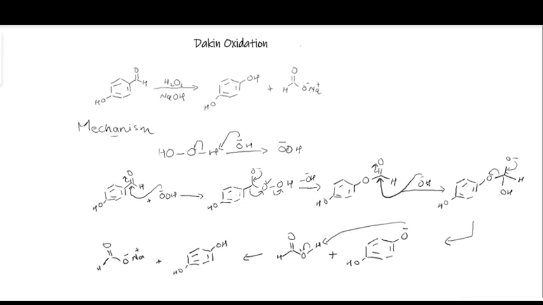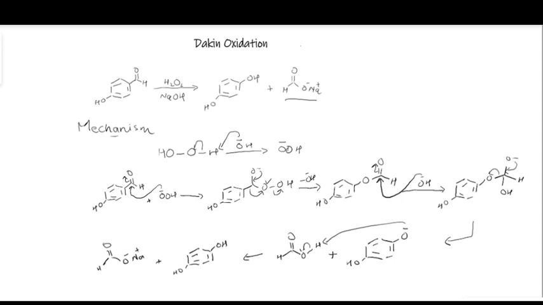So what you see as a result of this reaction is that the aldehyde or the carbonyl has been oxidized to carboxylic acid, here you can see, and this peroxide has been reduced to OH. So again, it's a redox reaction.